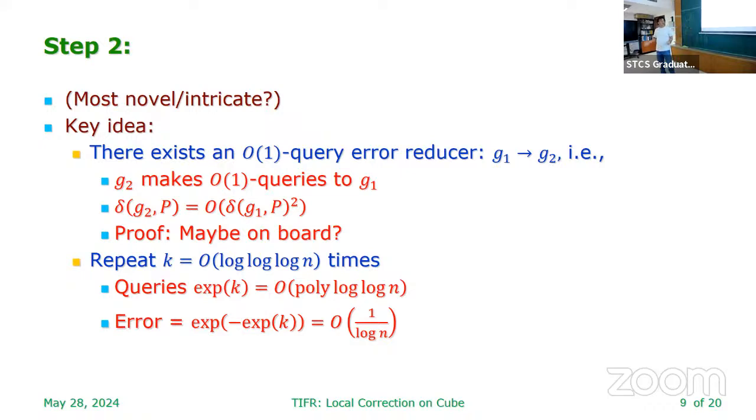Once you get this error down to a small enough constant to kill the big O out there, then you're making progress, and now you'll be making rapid progress. In order to do this, G2 will make one query to G1 and get this much closer. How is this done? Once again, we're going to pick one of these random cubes, and say, I want to recover the value of the function somewhere.